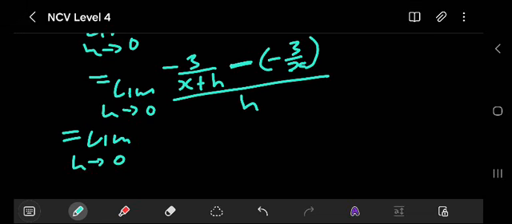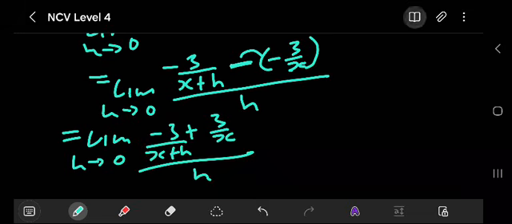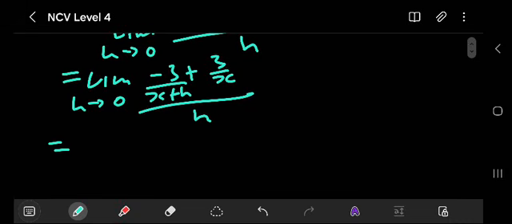Then you multiply, you have negative 3, that when you multiply will be positive 3 over x. Here we have over x plus h, all over h.